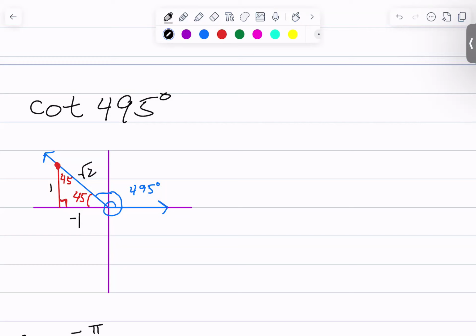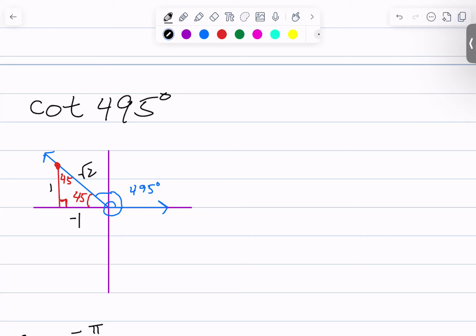That distance is always going to be positive. So you don't have to worry about the radius being positive or negative. It's always positive because the radius is an actual distance, an actual length of something. So that's -1, 1, and then square root of 2.